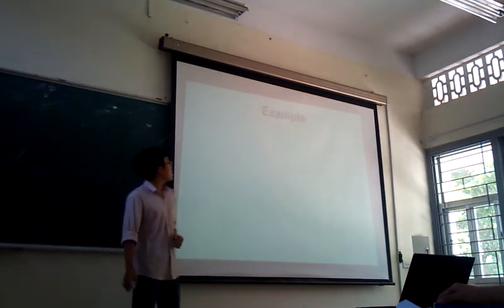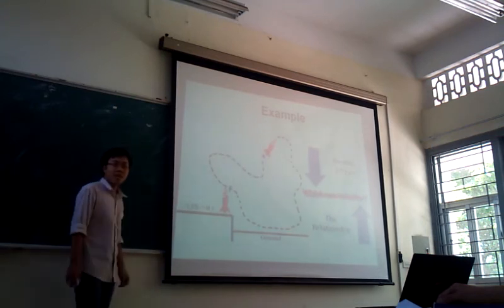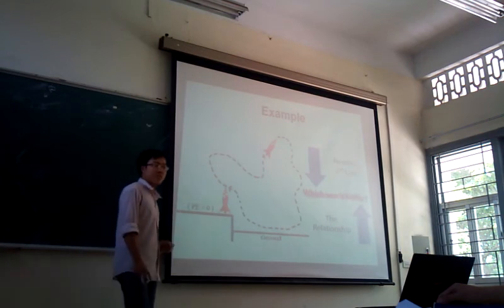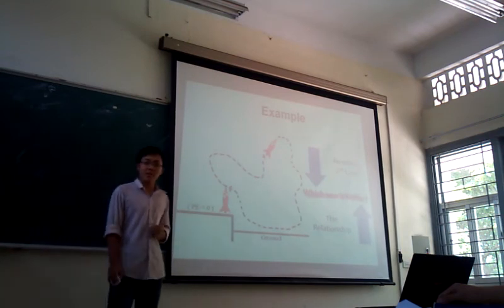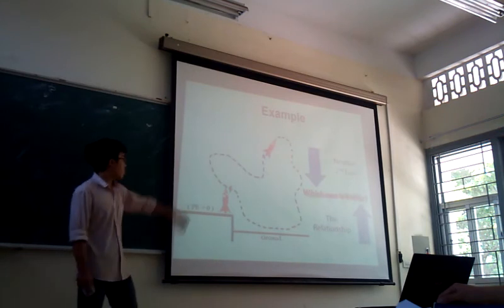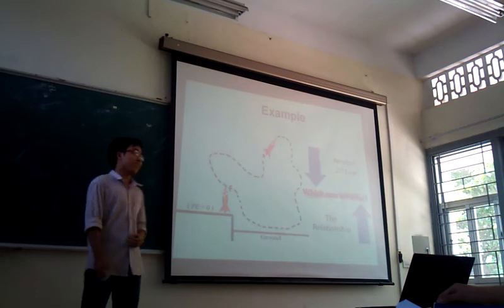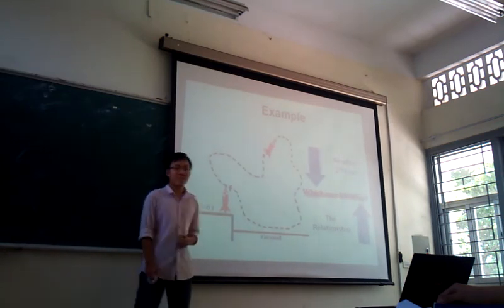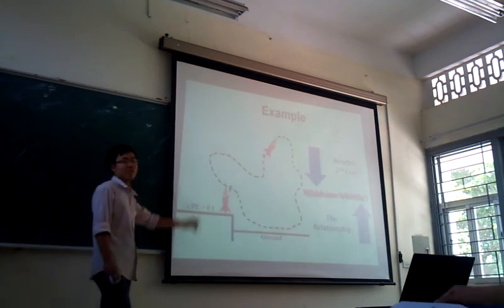Let's get back to the example. What happens if the question here is how far the rocket traveled, or how much time it took from the starting point until the rocket reached this point? That question cannot be solved by the relationship, and we have to apply Newton's second law.